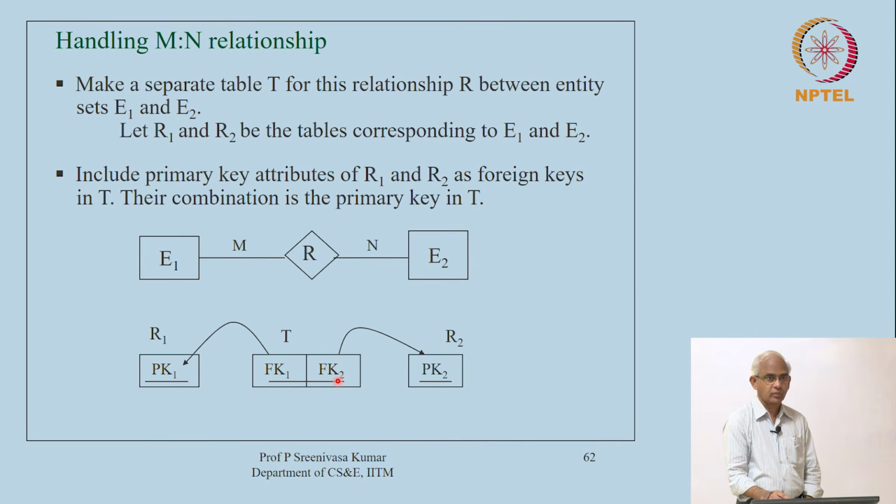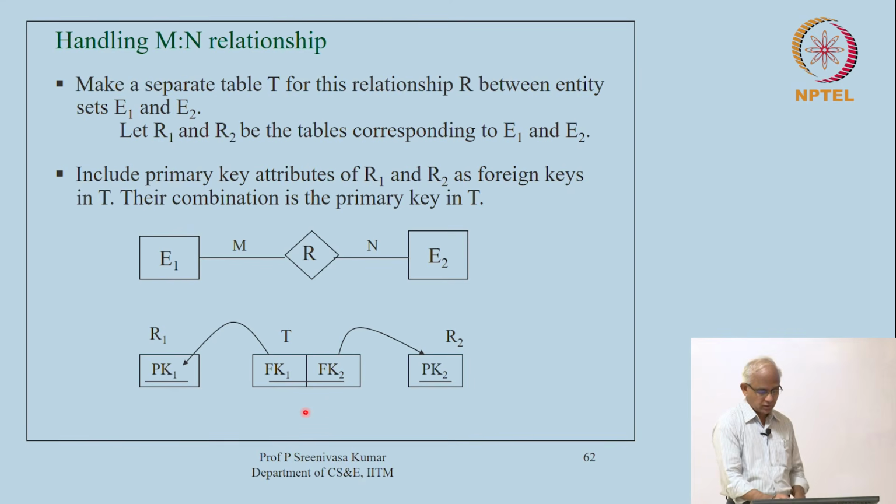Because this is what basically captures the association. Here is one entity, here is another entity, and these two entities are associated with each other. So, let us take that combination and give a provision for expressing those combinations.